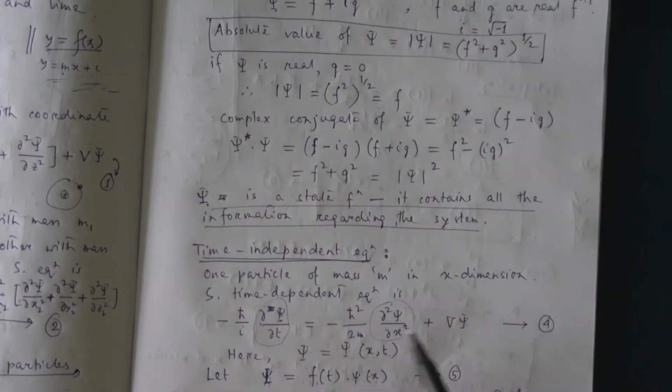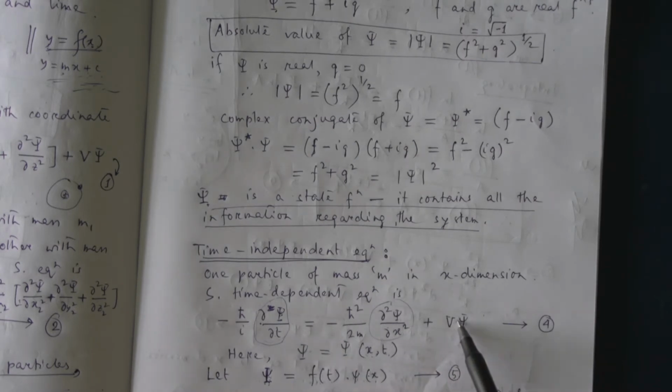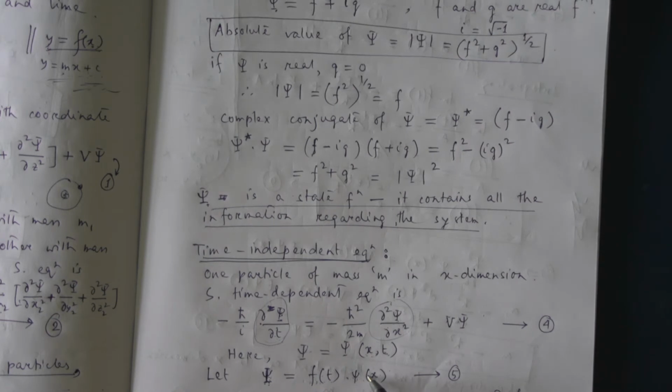Basically, this is the time dependent equation in x dimension. We have separated this equation into two equations, one containing x, the other containing time. Now how to separate the Schrodinger equation into two equations?